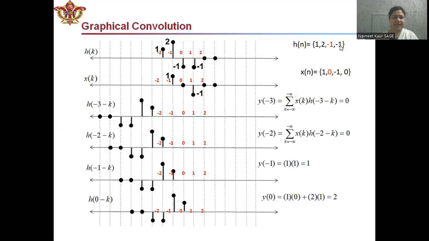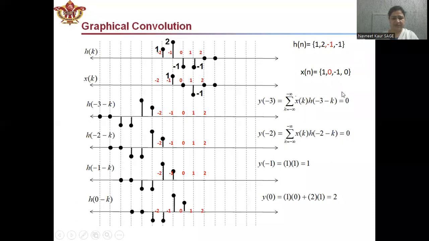Similarly, for the right-hand side, I'll again sum up the number of samples on the right-hand side of both sequences. In the first sequence, there is only 1 sample on the right-hand side, and in the second sequence, there are only 2 samples on the right-hand side. So the total number of samples on the right-hand side will be 3.